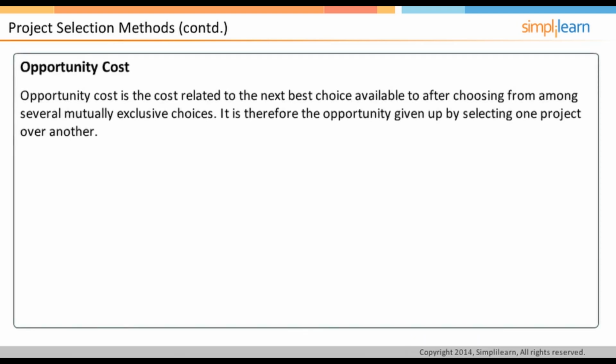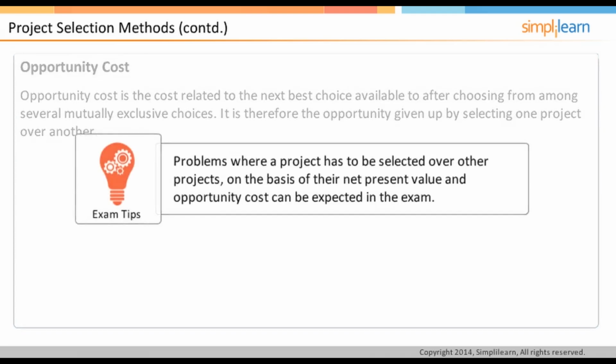Opportunity cost is yet another term used in evaluating competing projects that you might see in the exam. It means the opportunity given up by selecting one project over another. Problems where a project has to be selected over other projects on the basis of their net present value and opportunity cost can be expected in the exam.